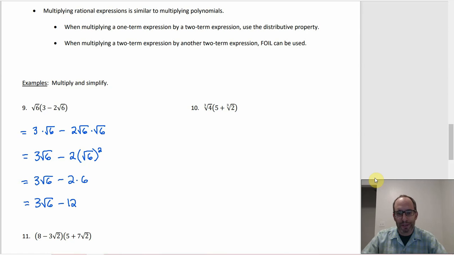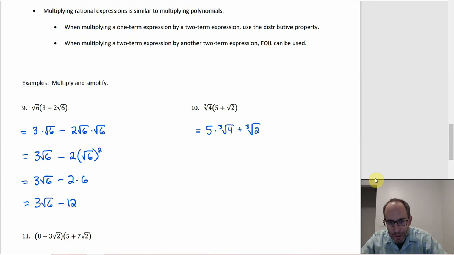All right. Let's see if we get a similar kind of thing with number 10, even though this one's got a cube root instead of a square root. So let's see. If we distribute that cube root of 4, I guess we'd have 5 times the cube root of 4 plus the cube root of 2 times the cube root of 4. All right, so 5 times the cube root of 4.